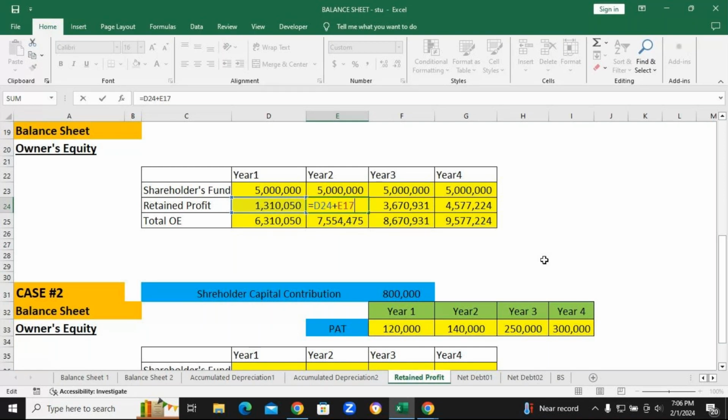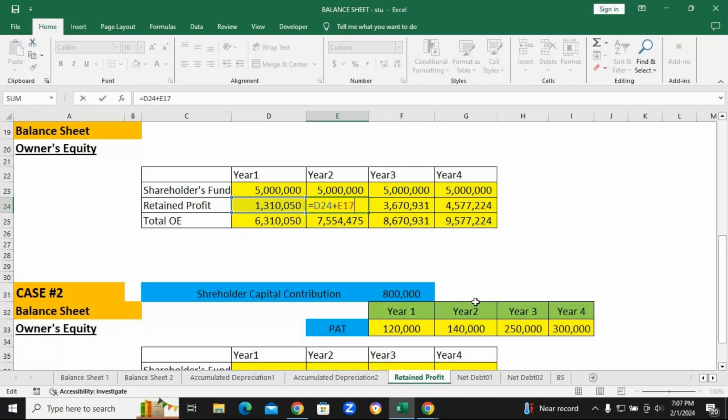If anybody did not understand, please ask. Once you have solved this balance sheet for owner's equity, you can solve case 2.